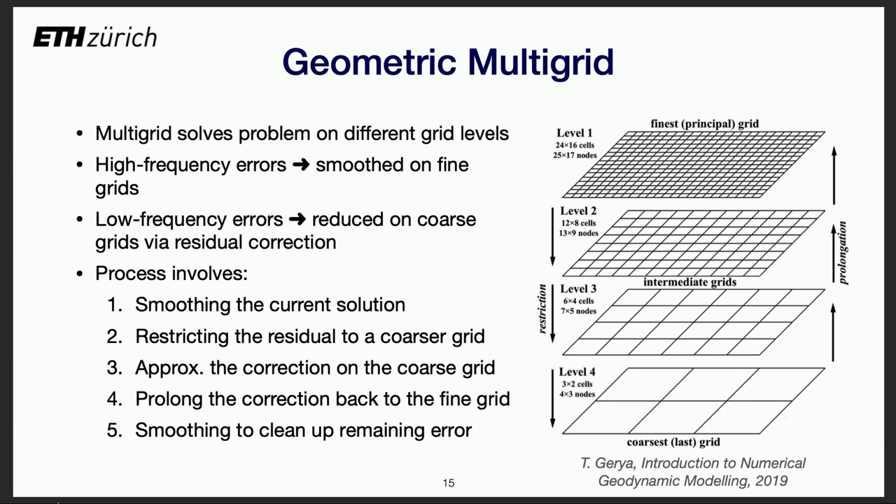Again, you do a little bit of smoothing on the fine grid, then compute the residual, interpolate that to a coarser grid, compute your residual correction on the coarser grid, and then interpolate the solution back to your fine grid and clean up your original solution again. And you do this in a cyclic way multiple times in order to solve your problem on all grids at the same time.